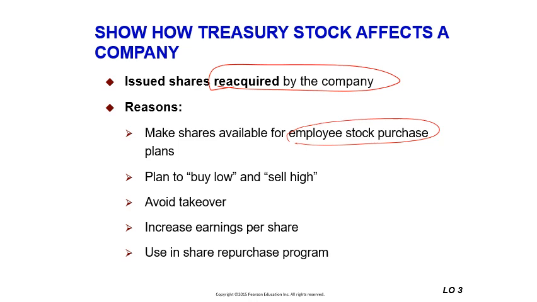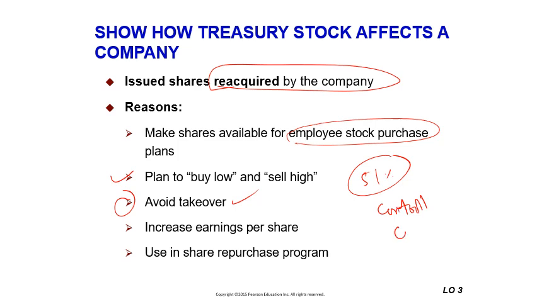The other reason is to earn profit, buy low, sell high. If you know that right now your share in the market is trading at a low price, you buy back and at the end you issue it into the market again. Plus, another reason to buy back is to avoid takeover. Whoever controls 51% of the shares controls the company.